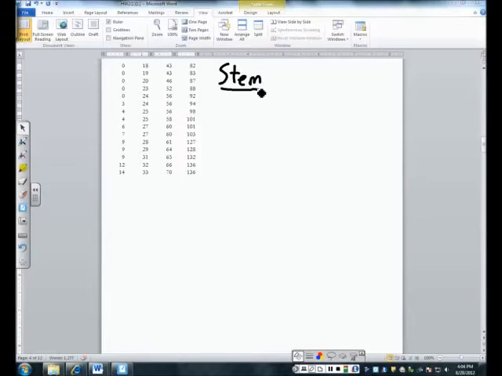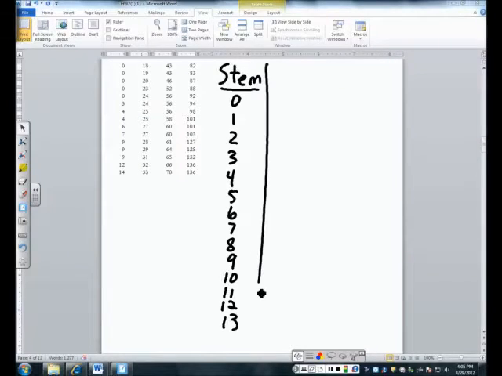Since our numbers are going from 0 to 136, I'm going to use stems that designate the tens place. So 0, 1, 2, 3, 4, and we'll go on down to 13 here. And then I'm going to have my leaves over here.